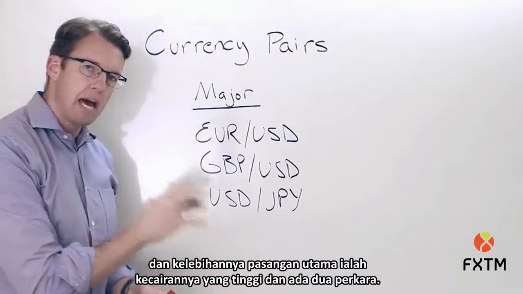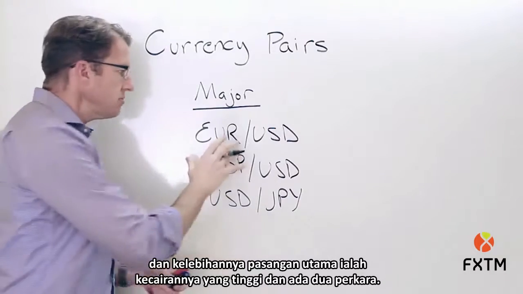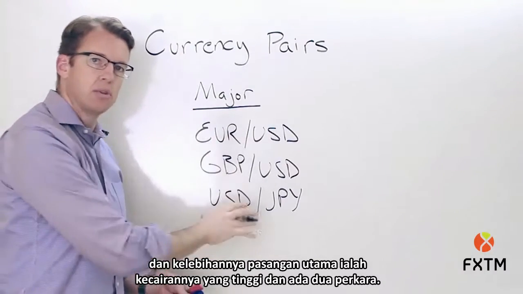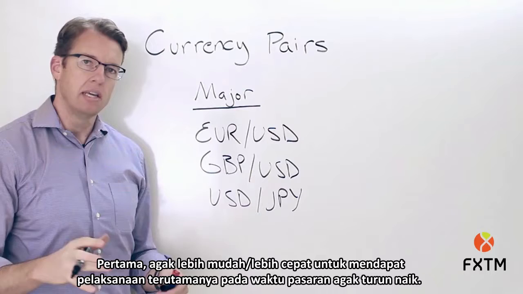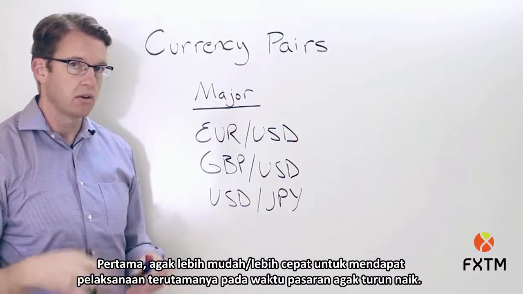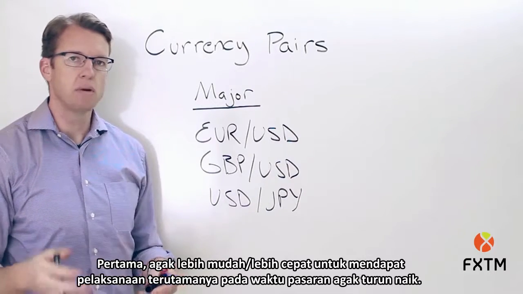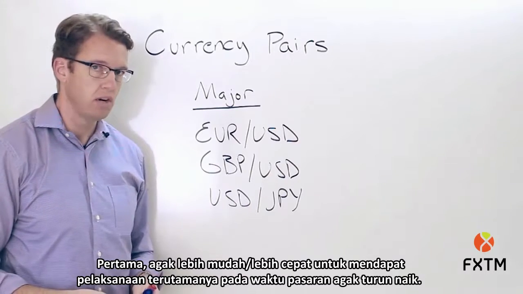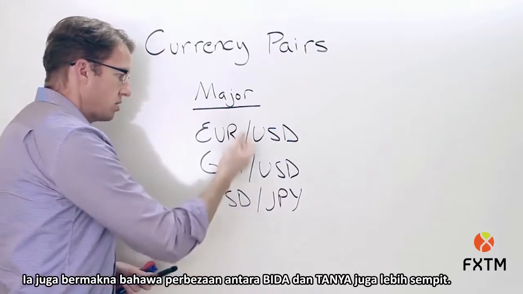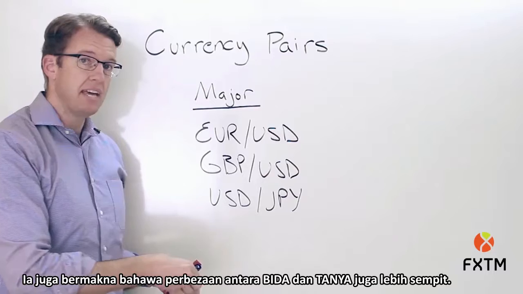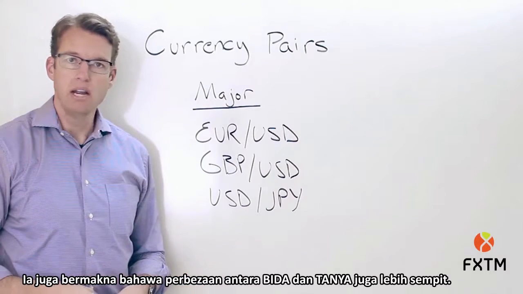And the advantage that we have here with the major pairs is that they are highly liquid, and this does two things. Number one is that it's a little easier, or faster, to get execution, especially during times when the market is a little volatile. Now, it also means that the difference between the bid and the ask is a lot more narrow.